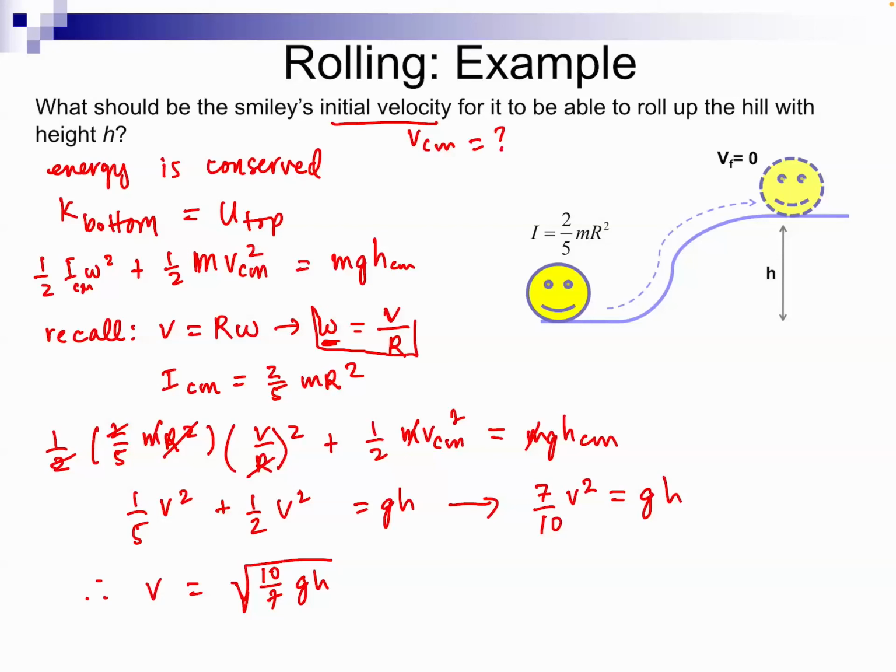You only use this relationship, angular speed is equal to linear velocity over r, if the problem involves rolling motion. If it's just purely rotational motion, then you don't have to worry about omega equal to v over r. Just simply use 1/2 I omega squared equal to mgh, as we've seen in the earlier example.